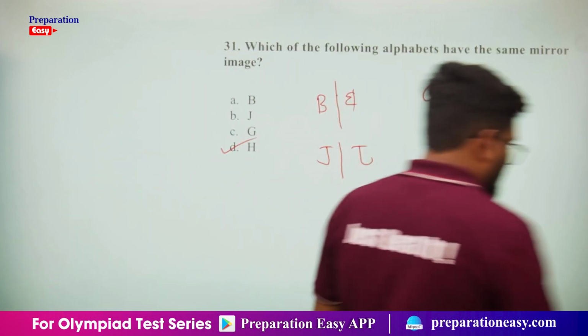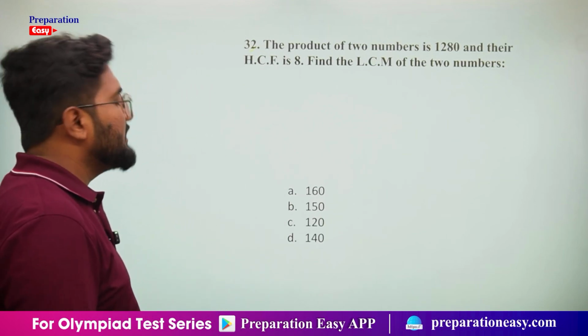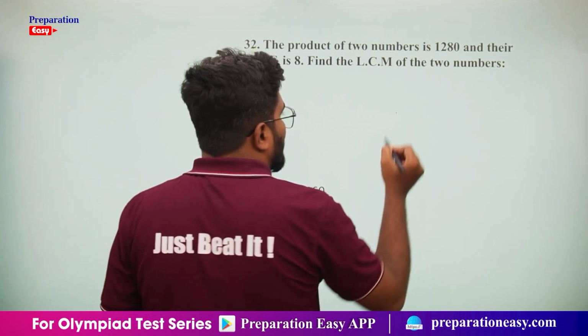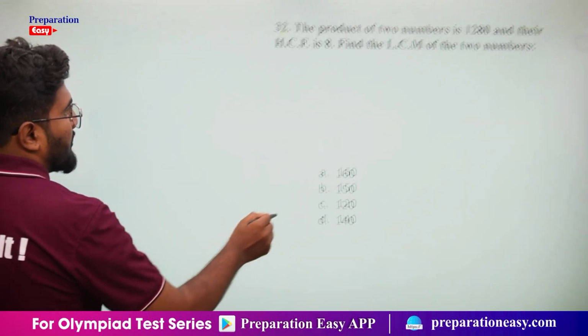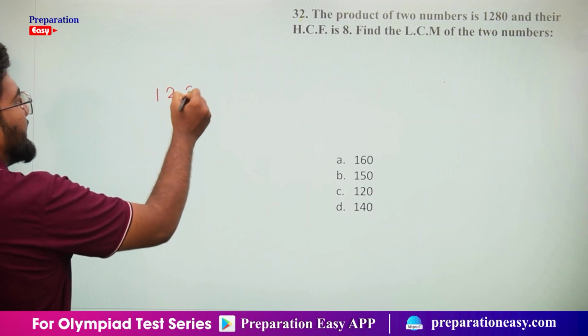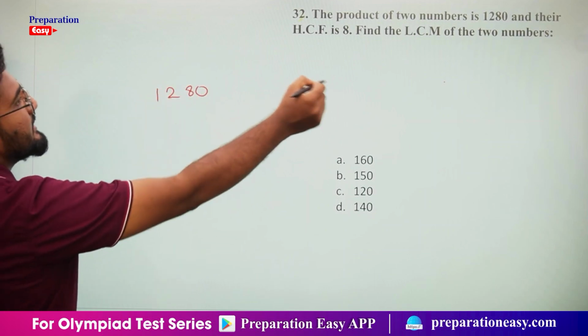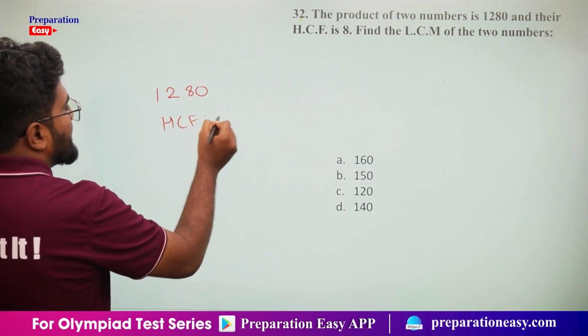Next question, question number 32. The product of two numbers is 1280 and the HCF is given. HCF is 8.